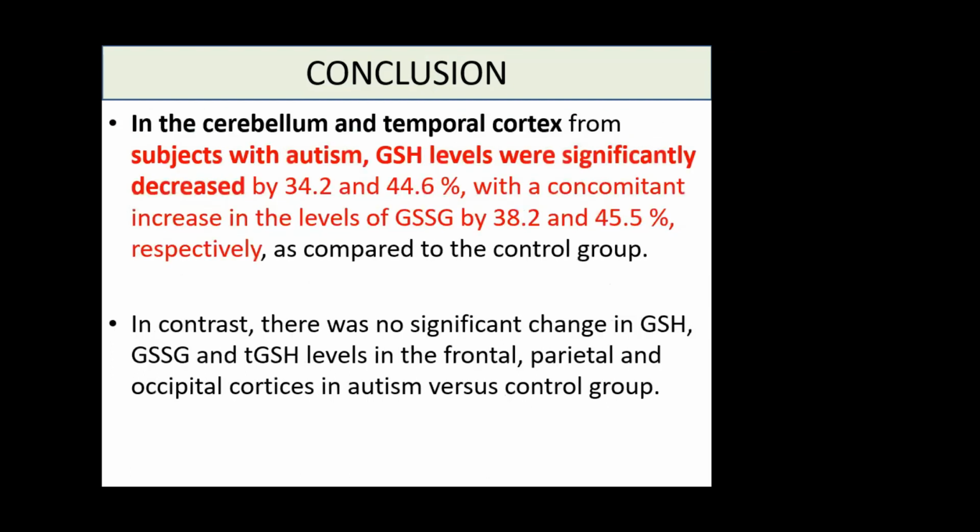What did they find? That in autistic subjects, the active form of glutathione was significantly decreased by 34.2 and 44.6%, with a concomitant increase of the inactive or oxidized form as compared to the control group.